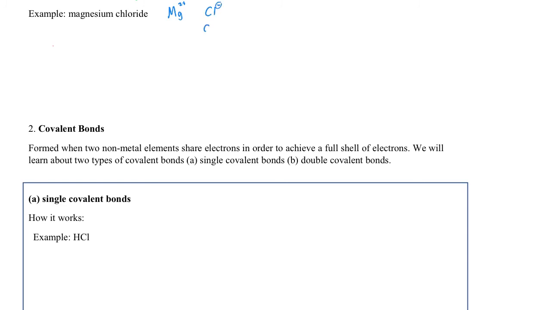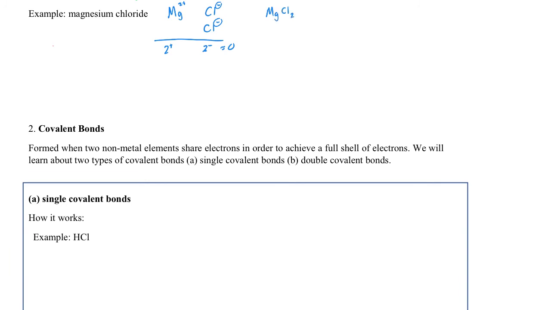For this to be charge balanced, we need 2 chloride anions to give us the 2 negative charges to balance the 2 positive charges from magnesium. This is in order to make a neutral compound. So the formula for magnesium chloride is 1 magnesium and 2 chloride anions.